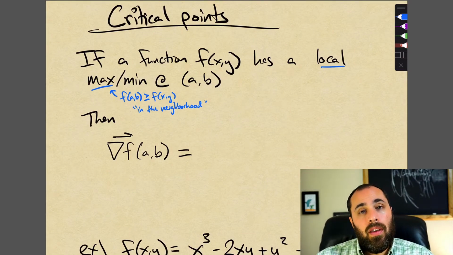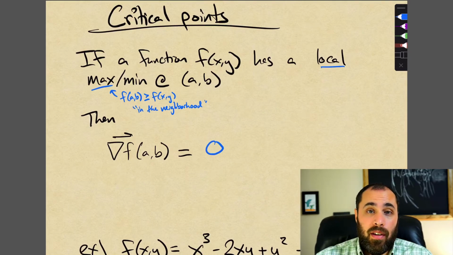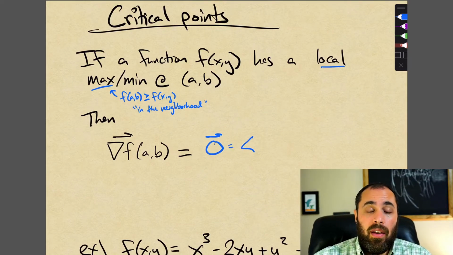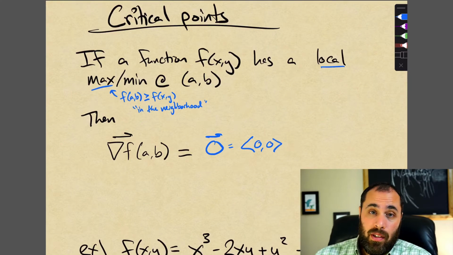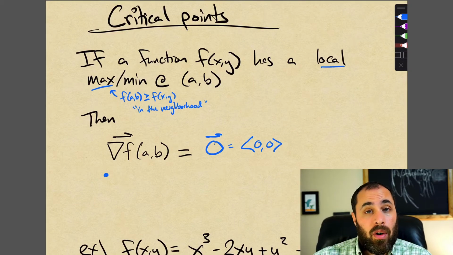So if we've got a max or a min, then the gradient has to be the 0 vector, that is 0, 0. And I'll give you two ways we can see why that's the case. Remember, the gradient is made up of partial derivatives, the partial with respect to x, partial with respect to y.